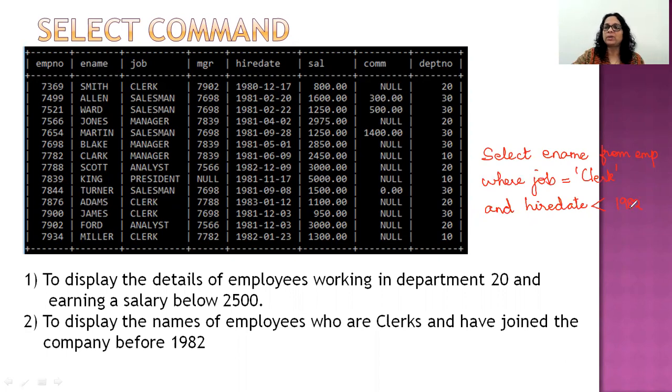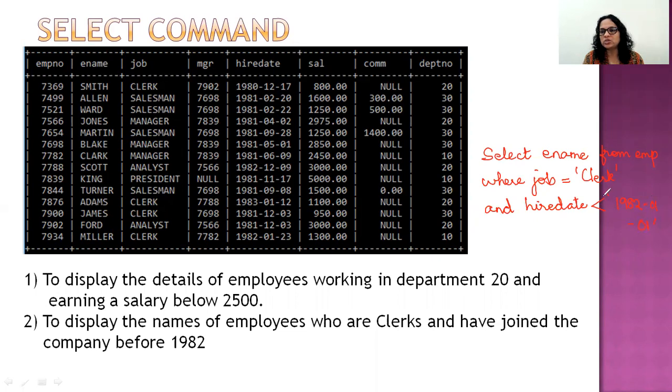So you cannot be writing hire date less than 1982 if the data in that column is not matching with what you have written. So when can you say somebody has joined the company before 1982? Can I say he has joined the company before 1st Jan 1982? Yes. So how do I write that? 1982-01-01.